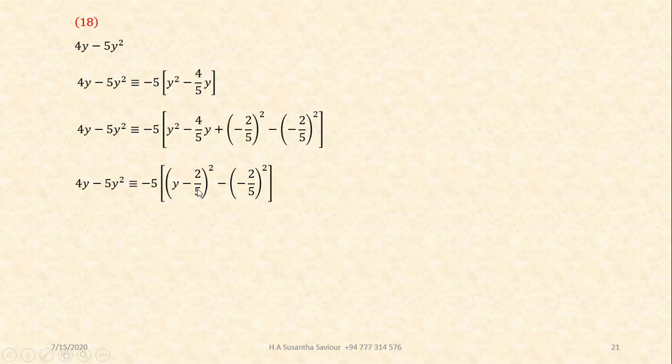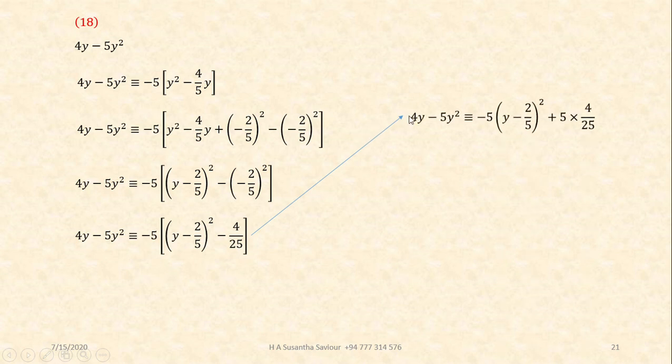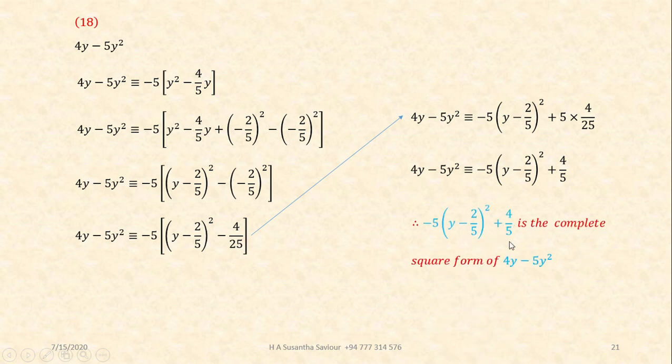Then you multiply by this minus 5 here. This minus will become plus when you multiply by this. This will be plus 5 into 4 over 25. You can simplify here in this form. So this is the complete square format of this. Right. We'll take another example and see.